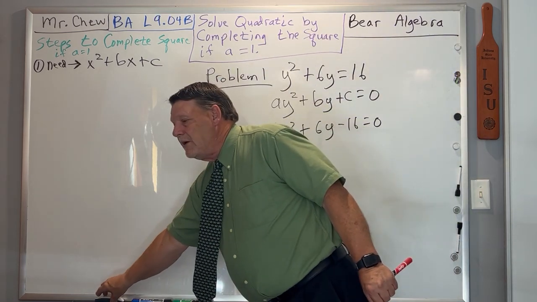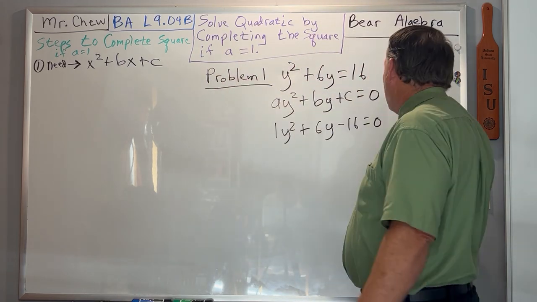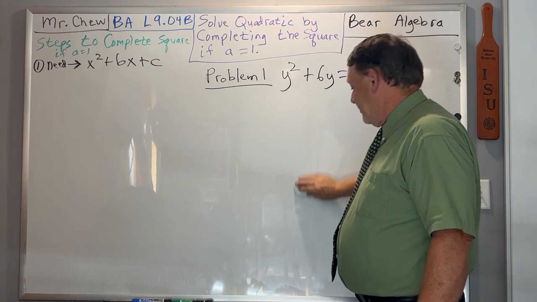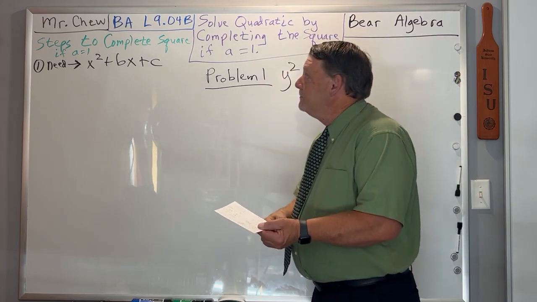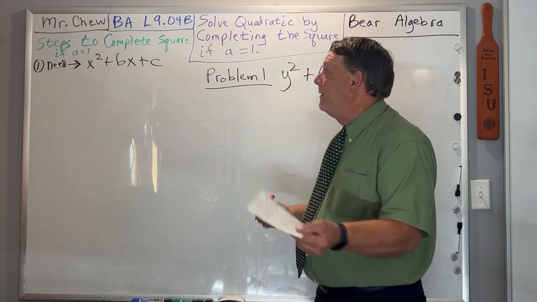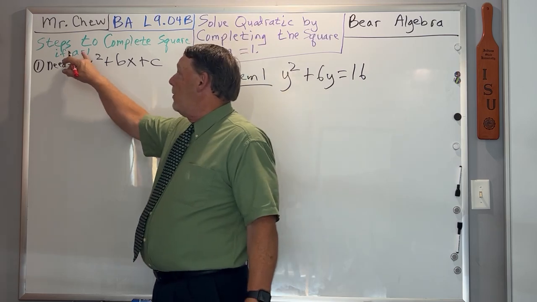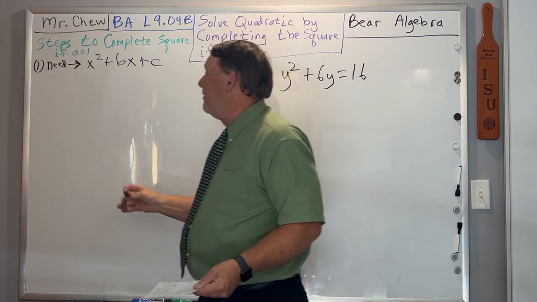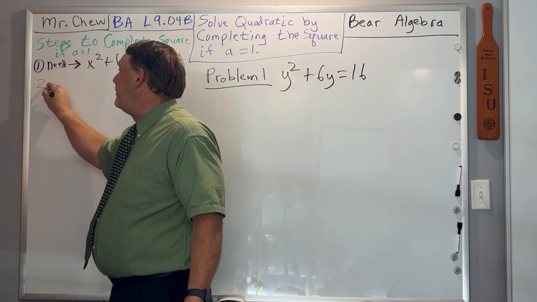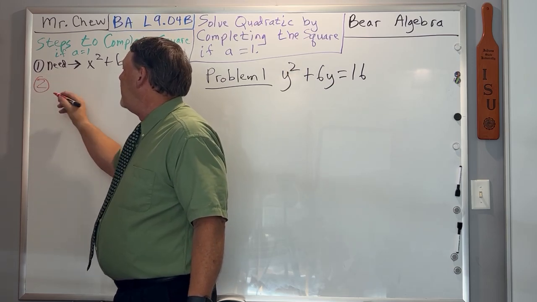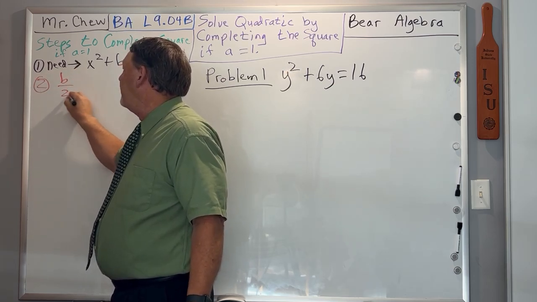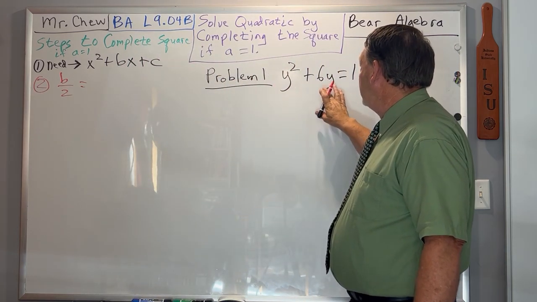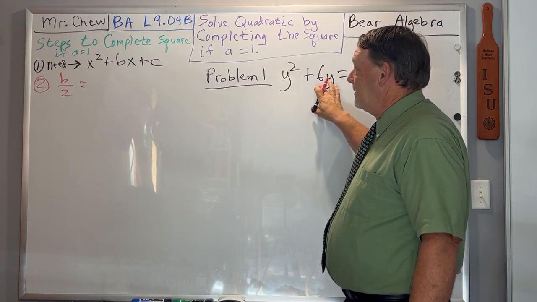All right. Now, once I start, I'm going to write all the steps over here on the left, and I'm going to do them over here on the right. So, the first step, after you have a equals 1, is to have the value of b divided by 2. So, I need b over 2. So, my b in this case is 6.